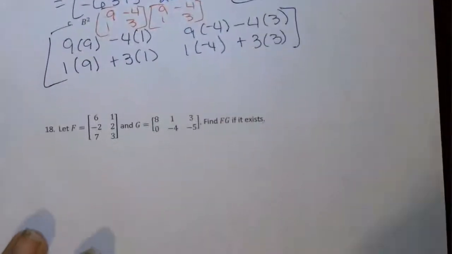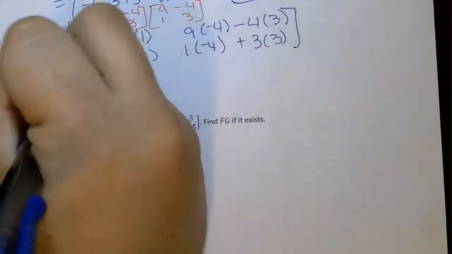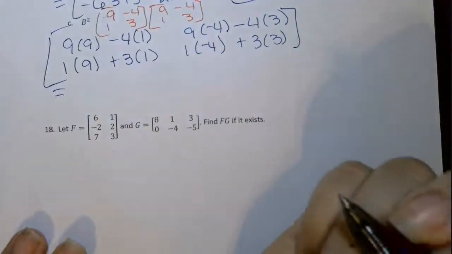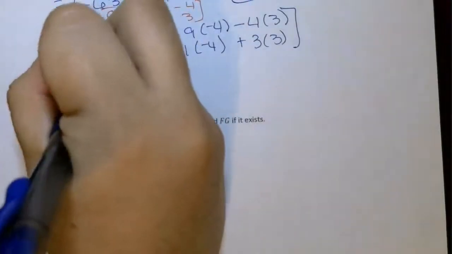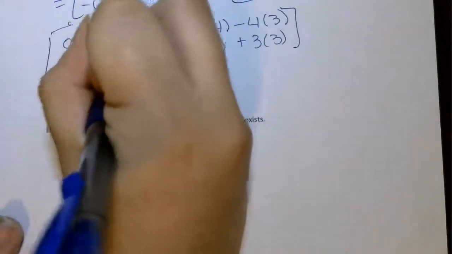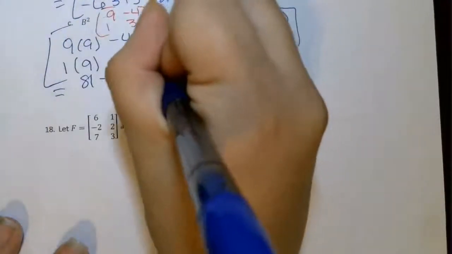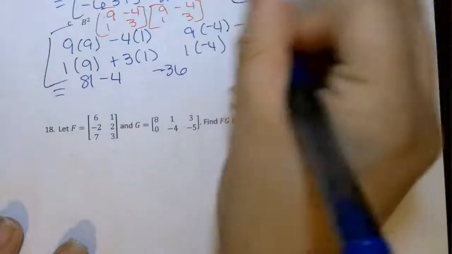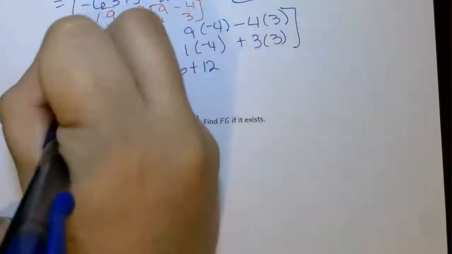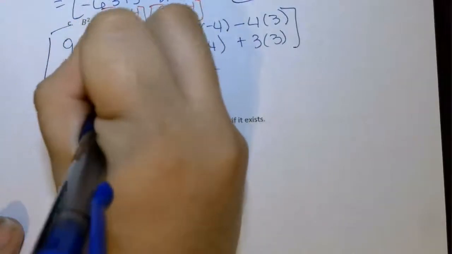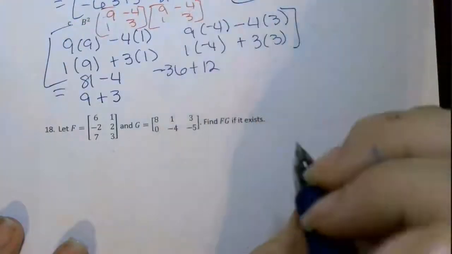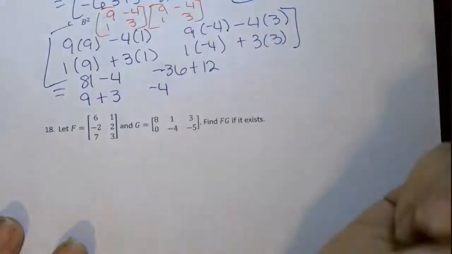Then what I want to do is go ahead and simplify. 9 times 9 is 81. Negative 4 times 1 is minus 4. 9 times negative 4 is negative 36. Negative 4 times 3 is 12. 1 times 9 is 9. 3 times 1 is 3. 1 times negative 4 is negative 4.